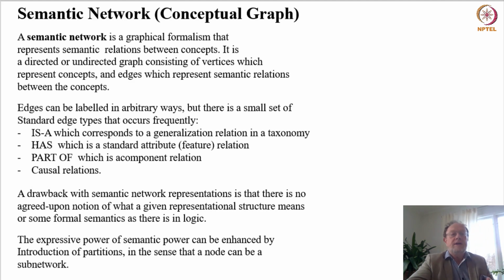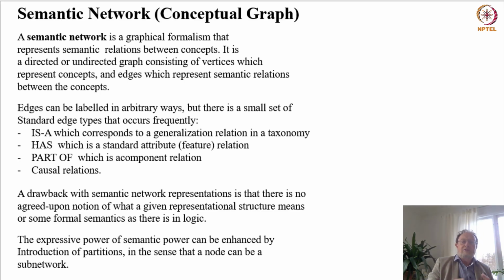So now we leave the more formal matters and look into 2 kinds of representations that have been used a lot for practical problem solving historically. And one of these is what's called semantic networks, or synonymously conceptual graphs.